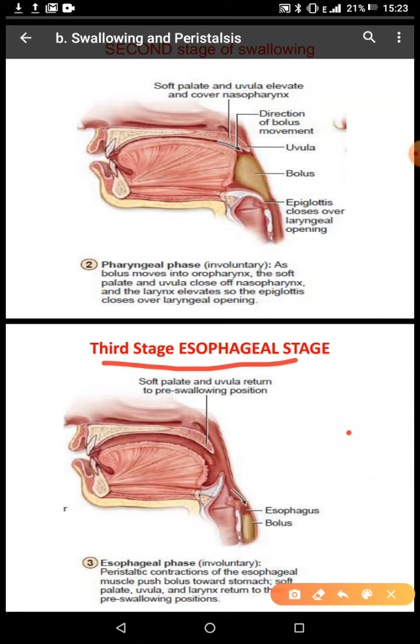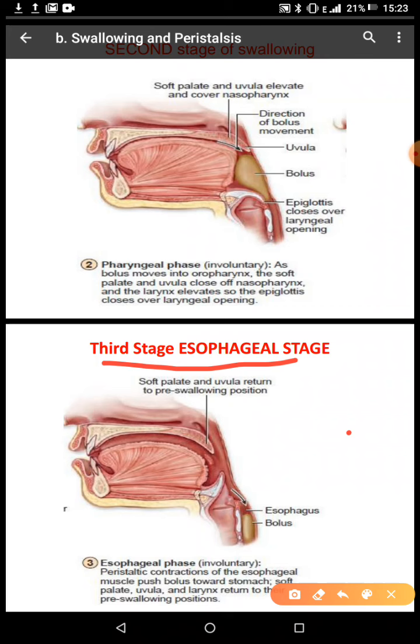Okay, so during swallowing, there is stoppage of breathing just for a short period of time. And we know that the pneumotaxic centers, that is the pontine medullary centers, are involved in inhibition of respiration.